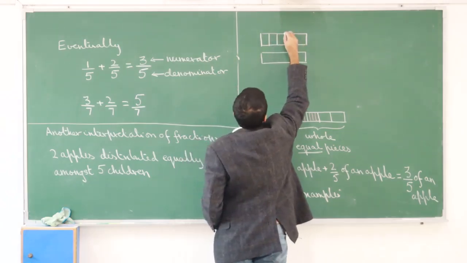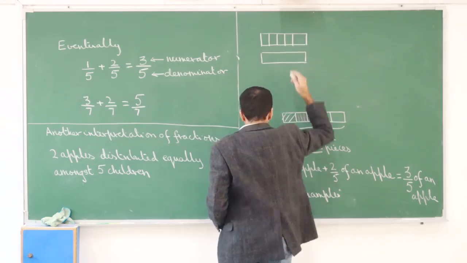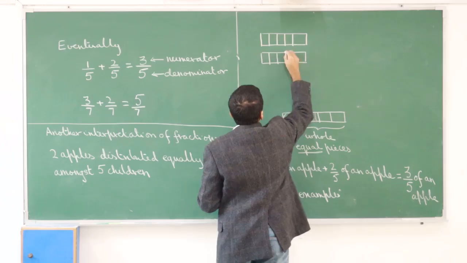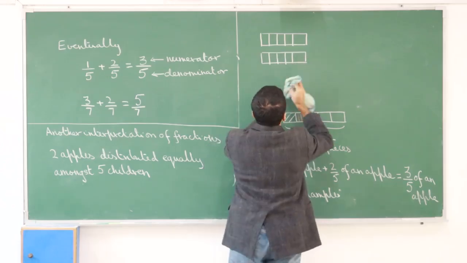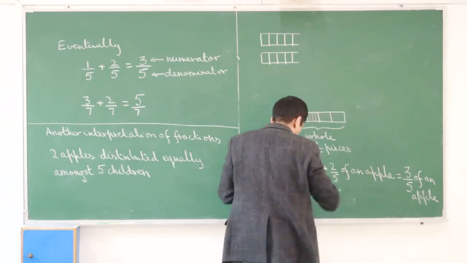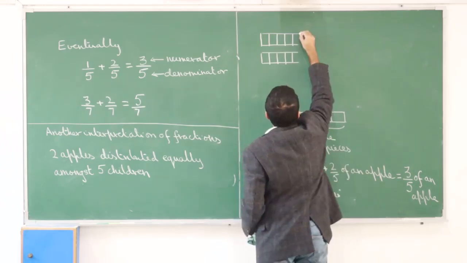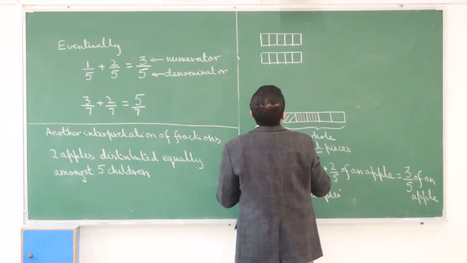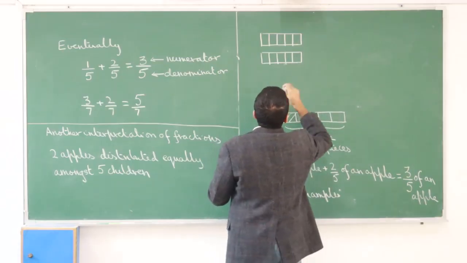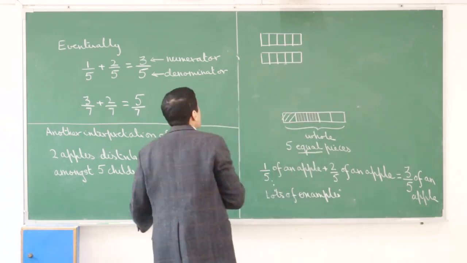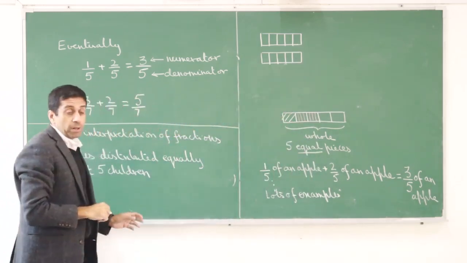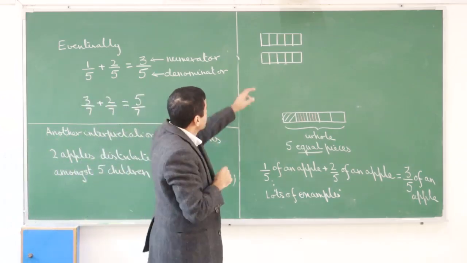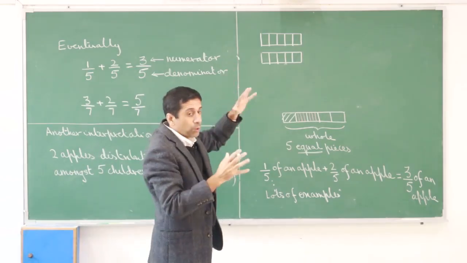1, 2, 3, 4. This is going to be a bit longer. Okay, so now I have pieces that are supposedly equal, although they're not quite equal, but whatever. I've taken each apple and broken it into 5 equal pieces, and now I want to give the apples equally to 5 kids.